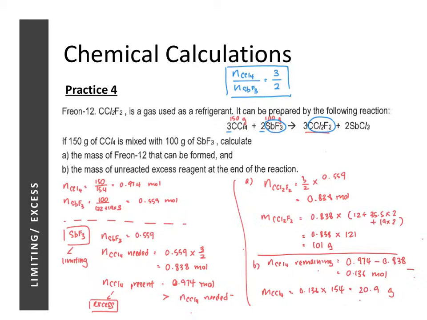Then the amount of product that is formed will depend on your limiting reagent. So you look at the limiting reagent and the product that you want to find, and you look at the mole ratio to obtain the number of moles of product.